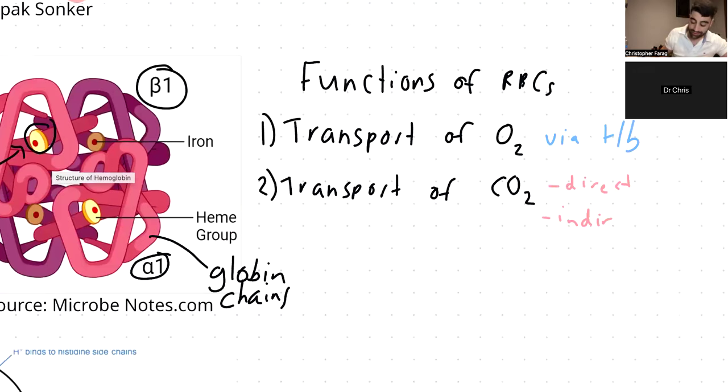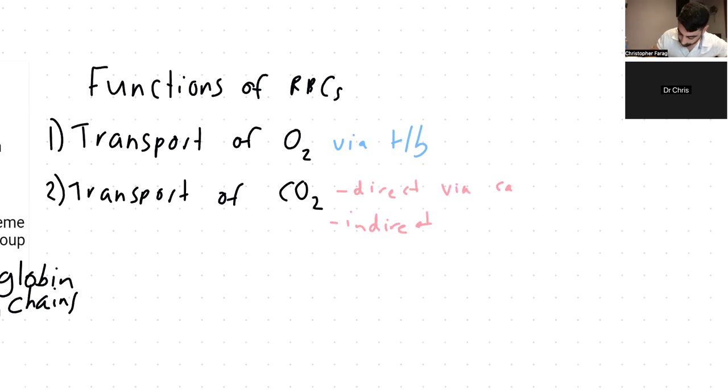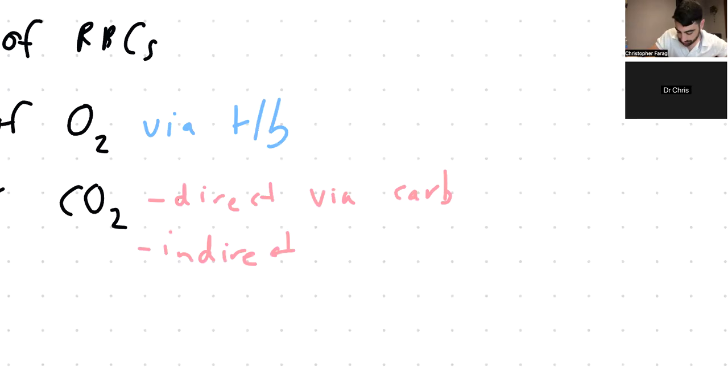So directly, if we talk about the direct mechanism, carbon dioxide can actually react with hemoglobin to form carbamino compounds.